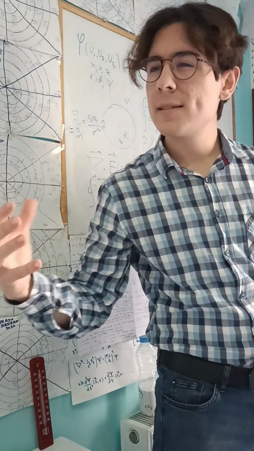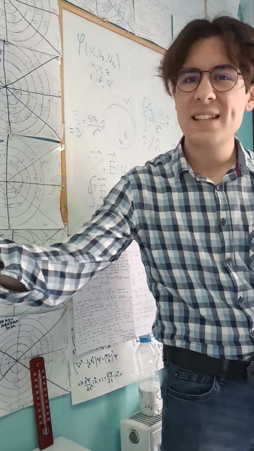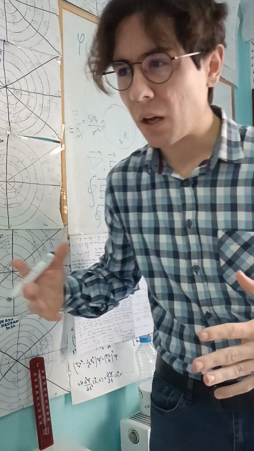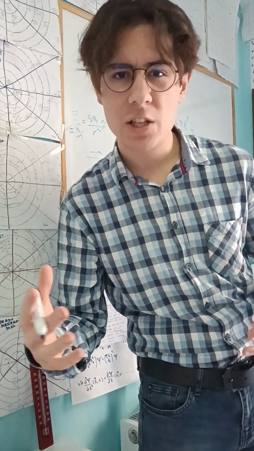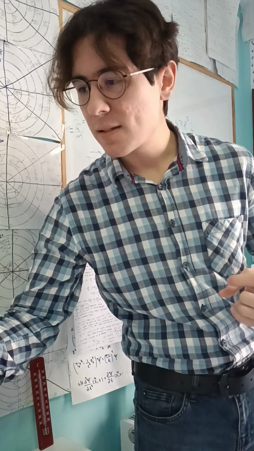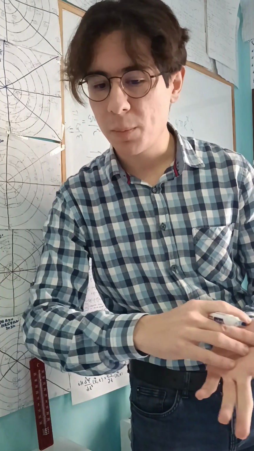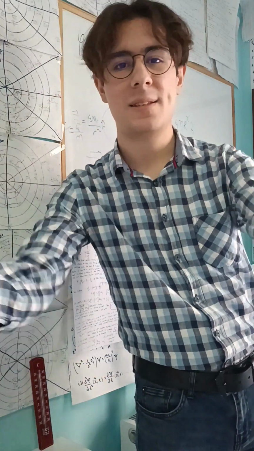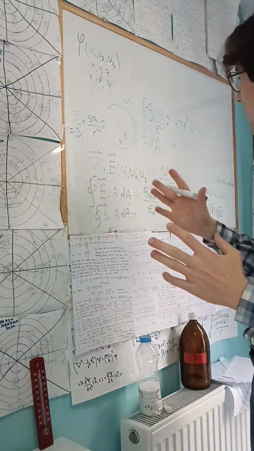It is pointed to the center, right? So the opposite direction of the radial coordinates. It depends on what you assume for the positive x direction or y direction. It doesn't matter. It always pulls you in because it's a gravitational field.